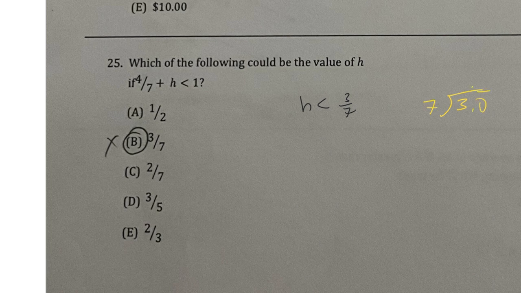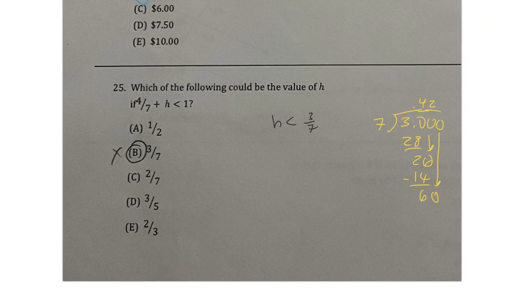So 7 goes into 30 4 times without going over, and then you could drop this down. 7 goes into 20 2 times without going over, and then you could drop another 0 down. 7 goes into 60 8 times without going over, but I feel like we could actually stop there. Already we have a sense of what 3/7 is.